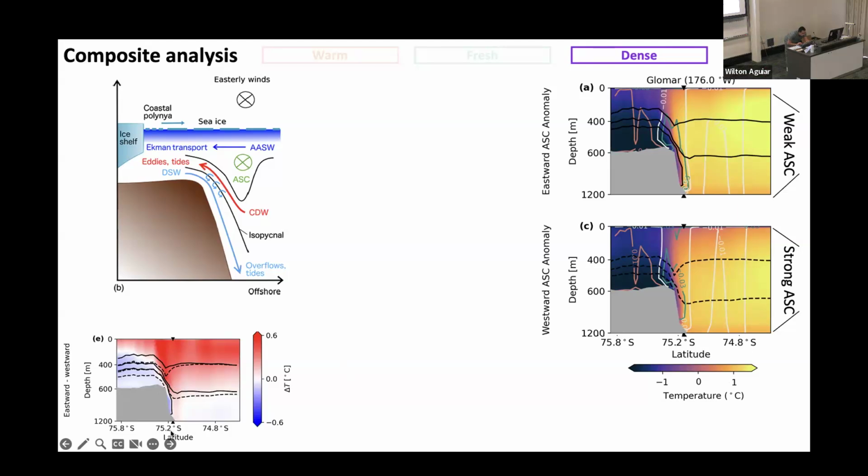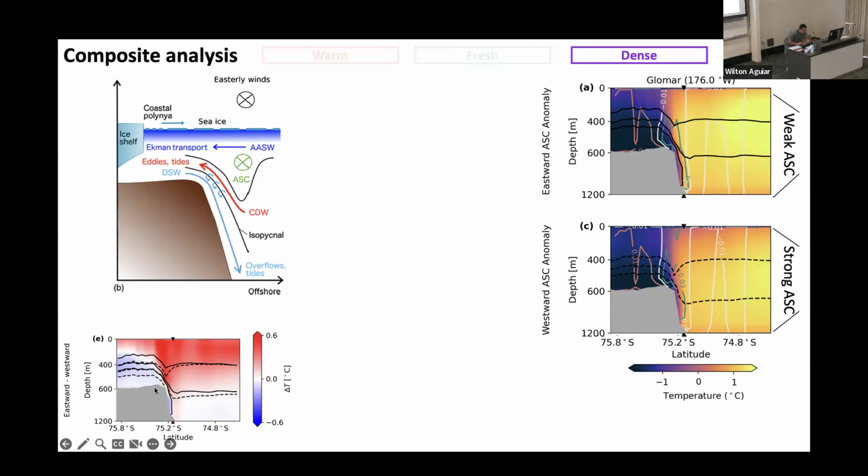And in the case of the full isopycnals, this is the case that we have with the weak ASC. We have these isopycnals that limit the bottom of the circumpolar deep water reaching further down the slope, which is a diagnostic for a stronger overflow, actually. So we are actually catching in this composite periods of strong overflow in the weak ASC case and periods of weaker overflow of dense waters in the strong ASC case, right?